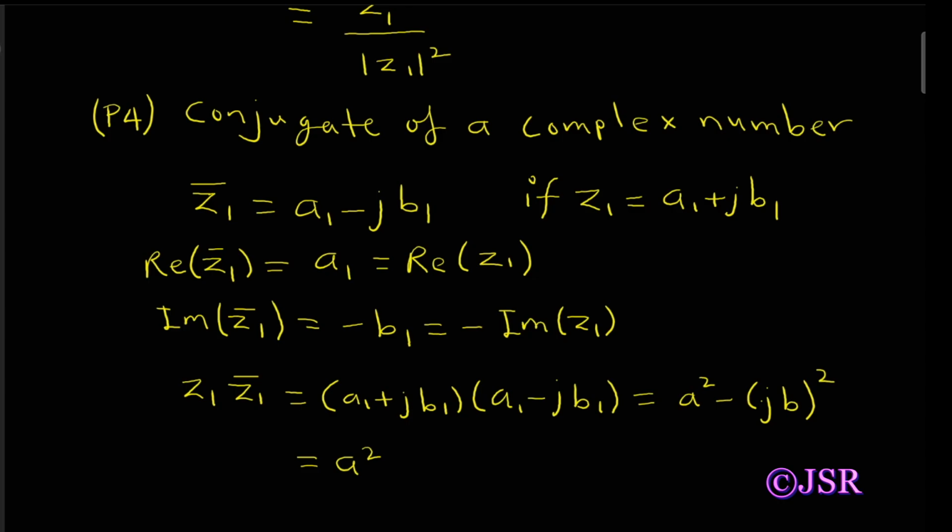J square is equal to minus 1, so that is plus b1 square.